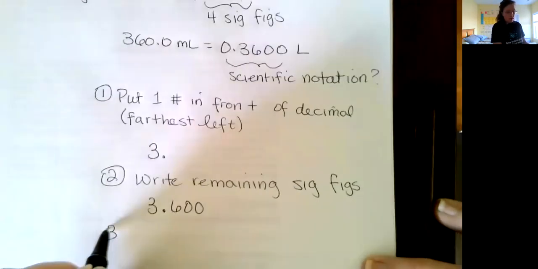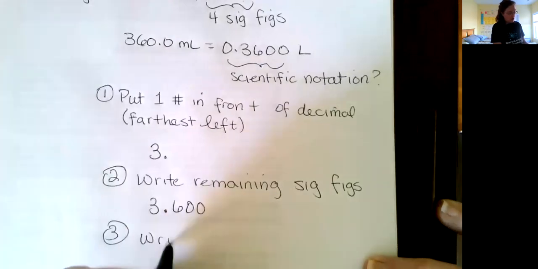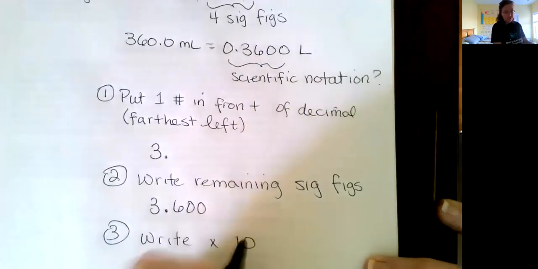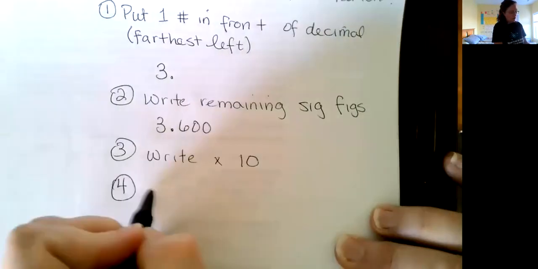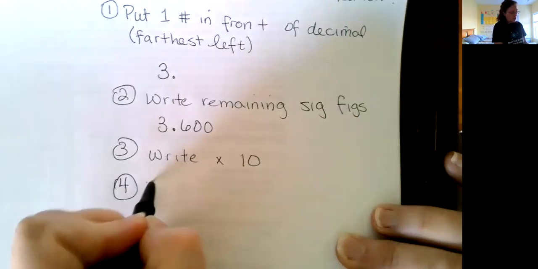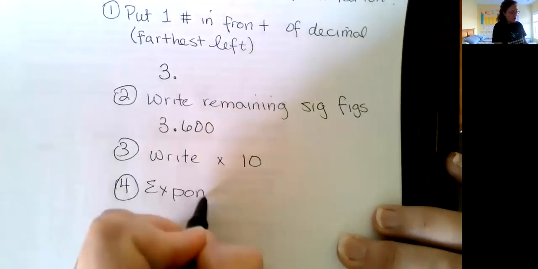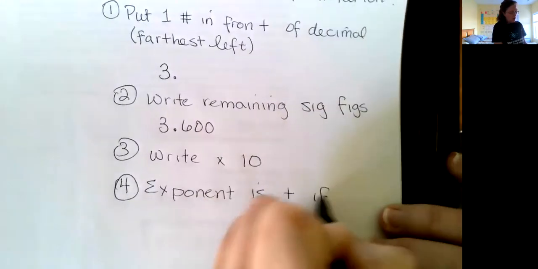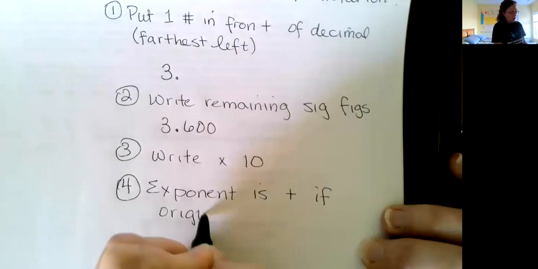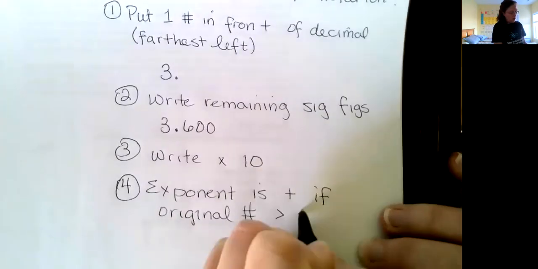Step 3, write times 10. Step 4, your exponent is positive if the original number was greater than 1.